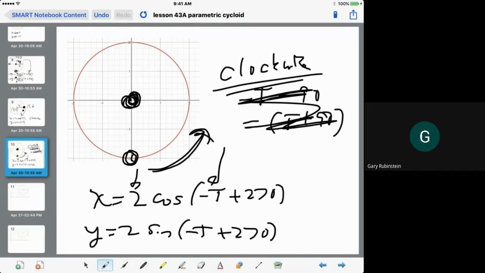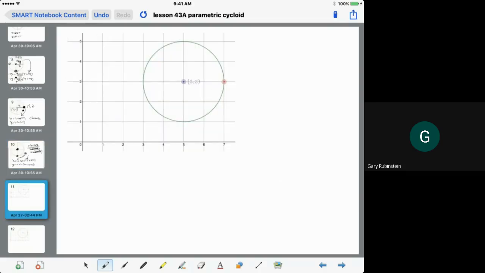To end off today's lesson, we're going to look at, is it possible to get the center to be something else. So here's one where the center is now 5, 3. And the starting point is over here at 7, 3.